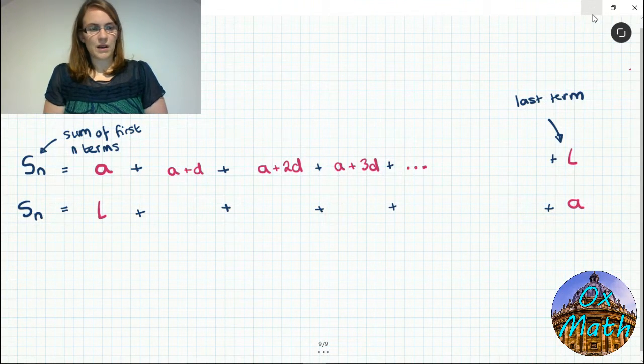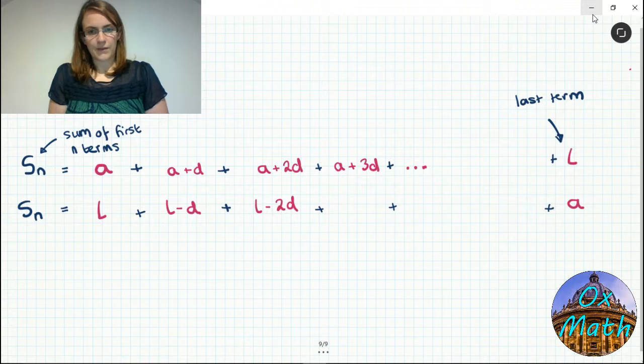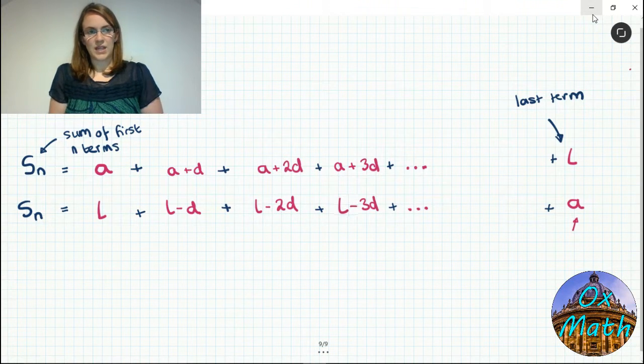So if we started at our last term, our next term would be L minus D because we're going down the sequence instead of up the sequence. So our third term would be L minus 2D, our fourth term would be L minus 3D, and so on until we get to our final term, which is actually A.